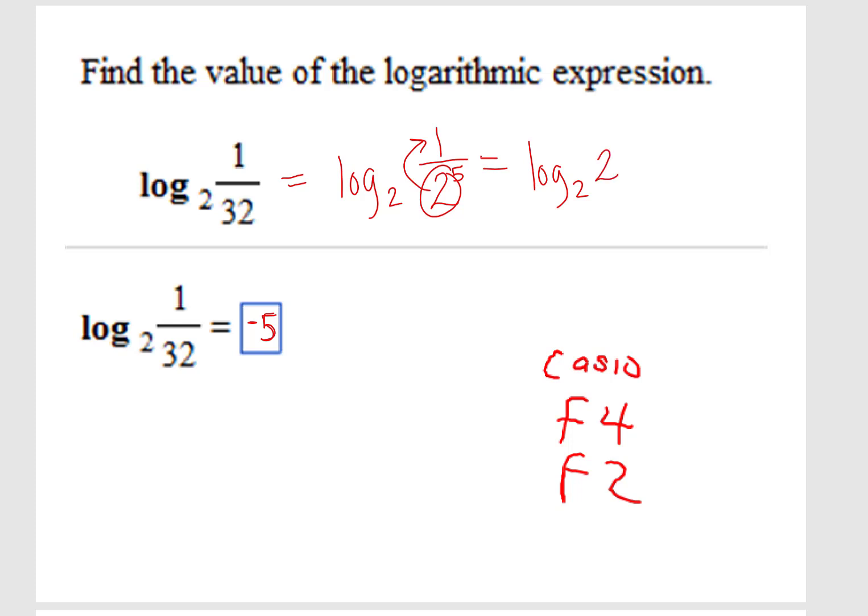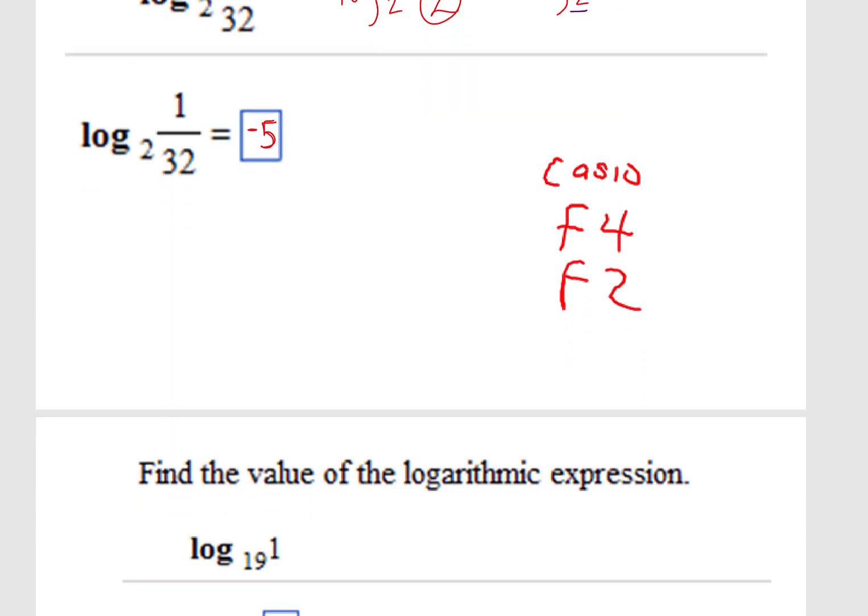It'll be over 1 now, but my exponent will be -5. With that inverse property, we see that my bases are the same, so it will just be equal to the exponent. Now, yes, you can enter this into your calculator, but know this property because you'll have to purposefully use it in future situations.